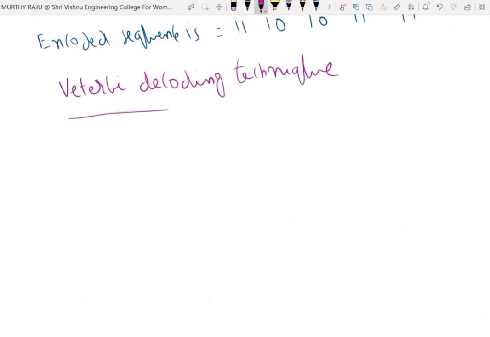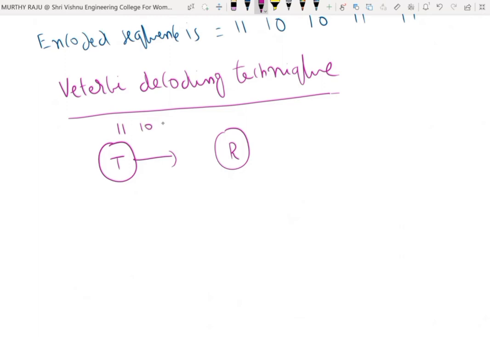Viterbi decoding technique is used to decode the encoded sequence. This is the transmitter. This one is the receiver. The transmitter sent this information 1, 1, 1, 0, 1, 0, 1, 1, 1, 1. The receiver receives that information.